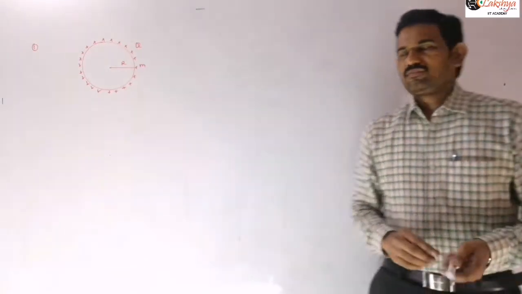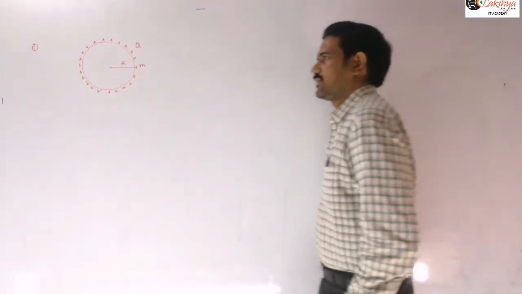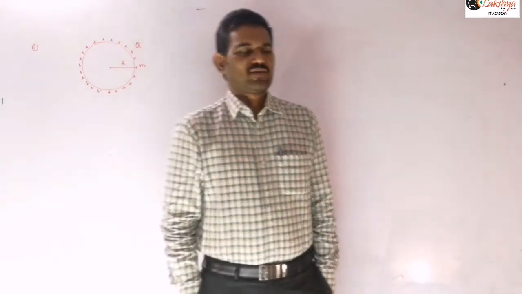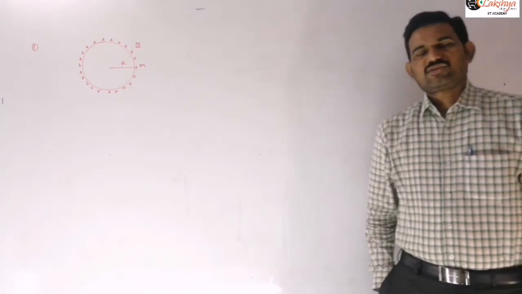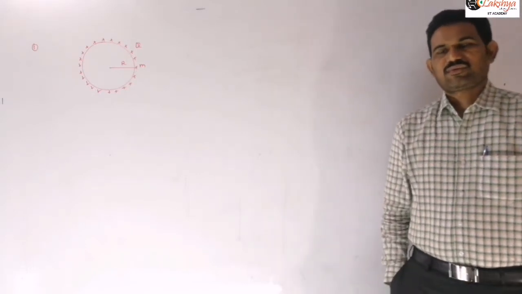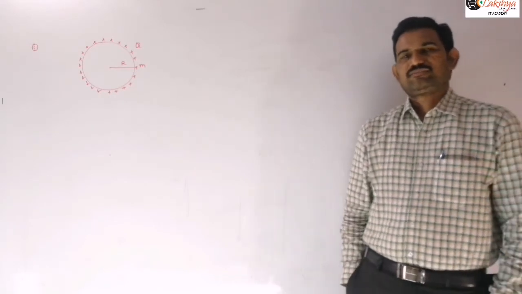So write the problem. A non-conducting circular ring of radius r and mass M carries a charge Q distributed uniformly on it.